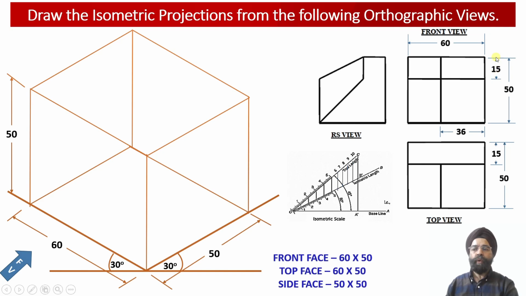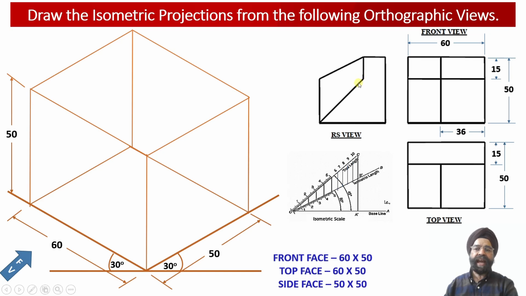So once we move down by 15 millimeter, we encounter this inclined surface of the solid, which is going to start from a point 15 millimeter away from the rear end, 15 millimeter below the top surface of the solid.